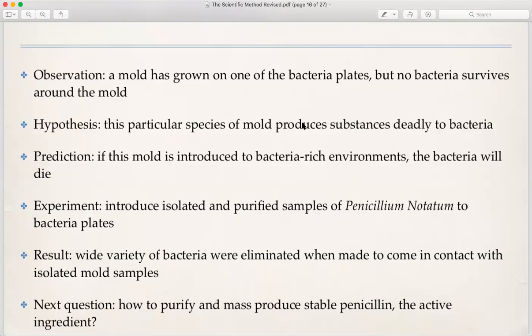I think some of you might be familiar with this famous story, but it's one that's kind of infamous in science and medicine. The story goes that Fleming was an eccentric man, and a lot of the experiments he did, he just kind of laid out.